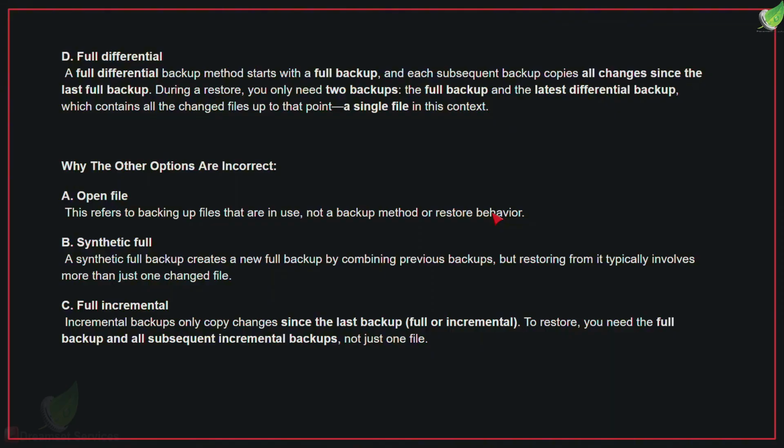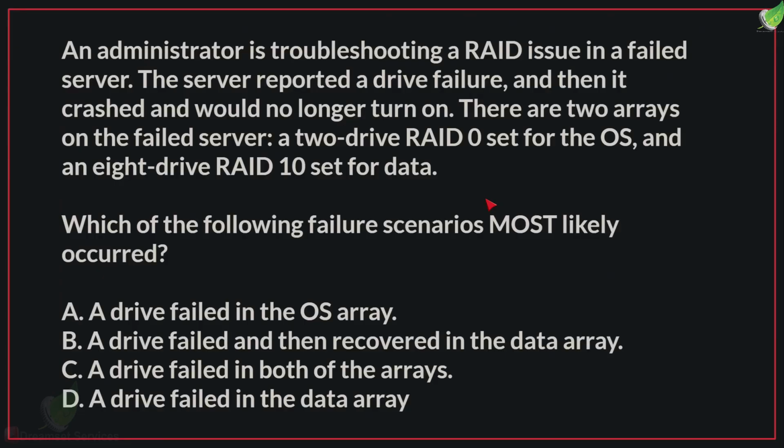Full differential. An administrator is troubleshooting a RAID issue in a failed server. The server reported a drive failure and then it crashed and would no longer turn on. There are two arrays on the failed server, a 2-drive RAID 0 set for the OS and an 8-drive RAID 10 set for data. Which of the following failure scenarios most likely occurred?